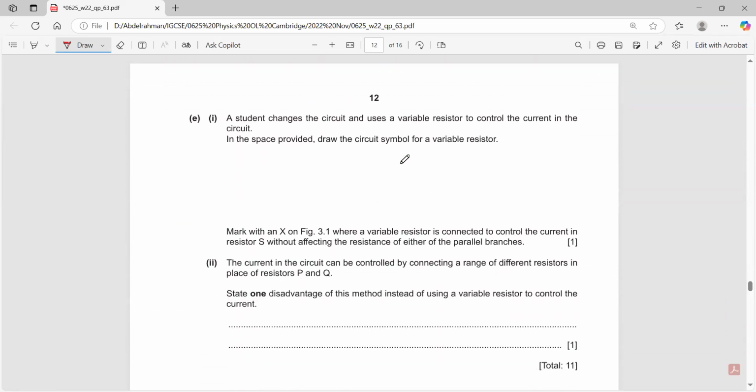The student changes the circuit and uses a variable resistor. Can I draw the variable resistor? This is the variable resistor. Mark with an X on figure 3.1 where a variable resistor is connected to control the current in resistor S without affecting the resistance of either of the parallel branches.